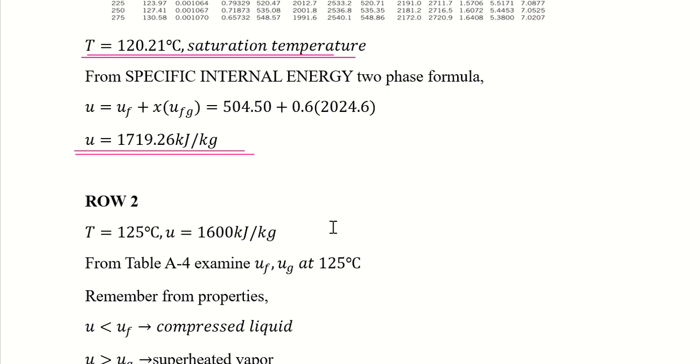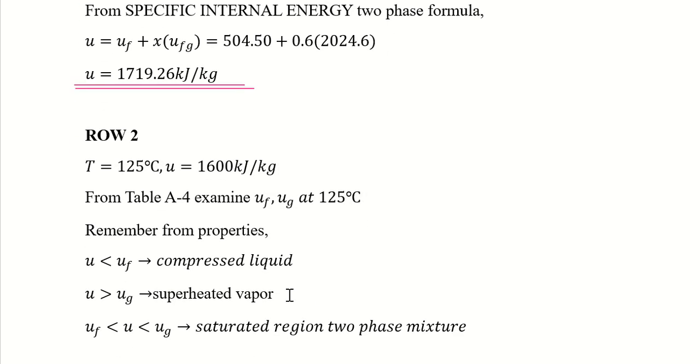So what you do, once you get such a question, is examine the specific internal energy of the liquid phase and the specific internal energy of the vapor phase at the temperature they've given you, and you compare it with the given specific internal energy. You have to remember this property.